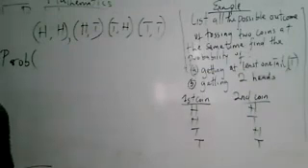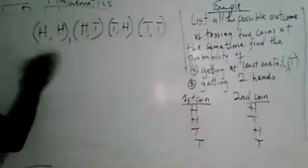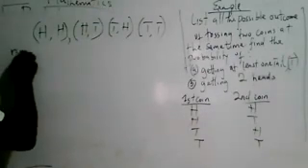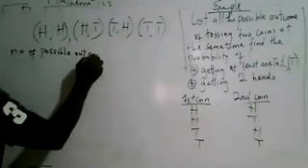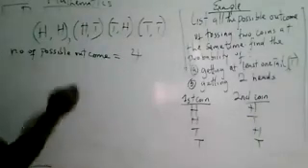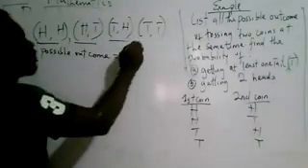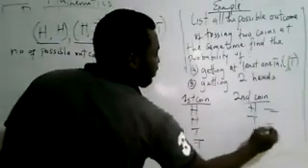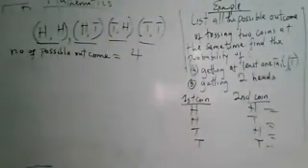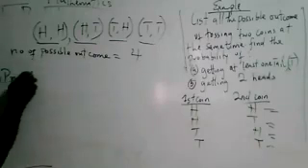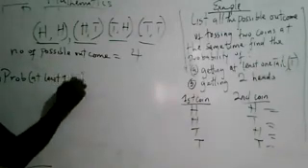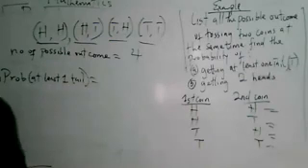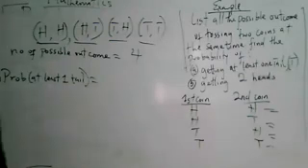Number of possible outcomes is equal to what? Is equal to 4. Why? You have this, this, this, and this. Now, for the first one, we said probability of getting at least 1 tail. Now, in English, what does that mean?